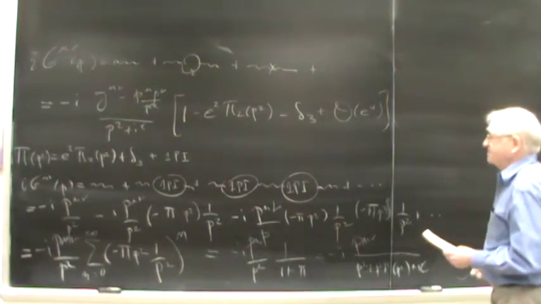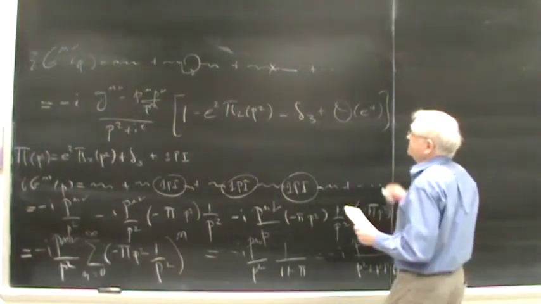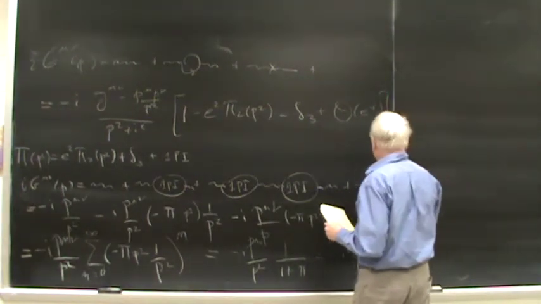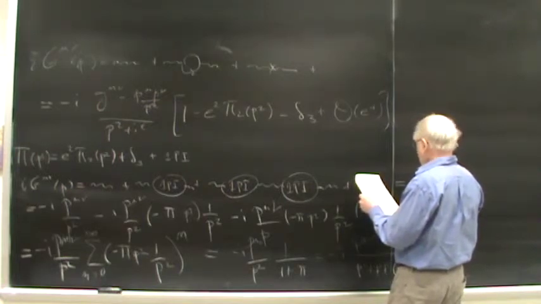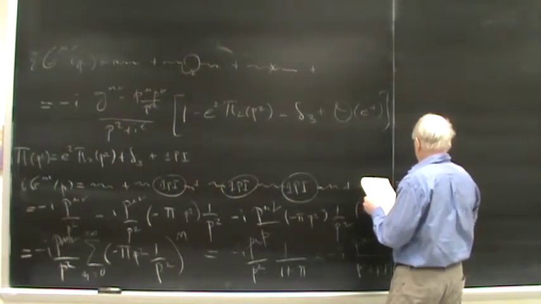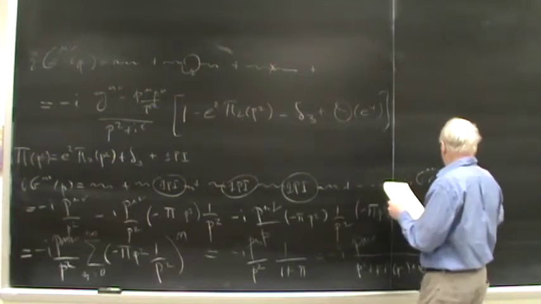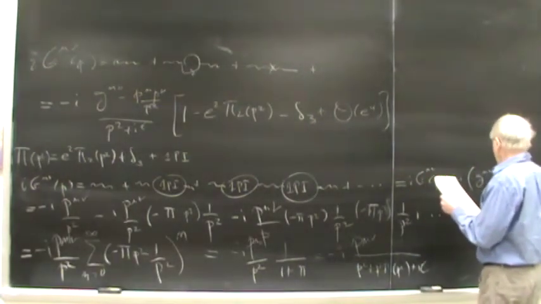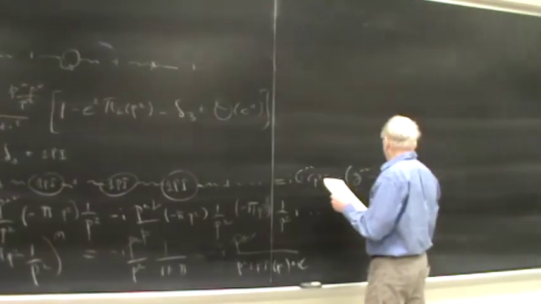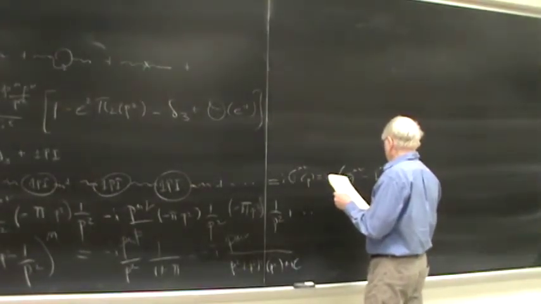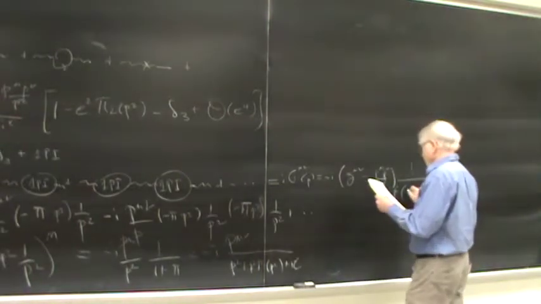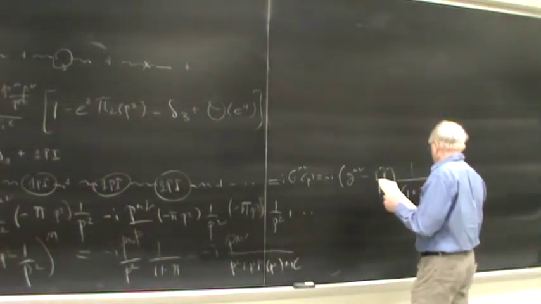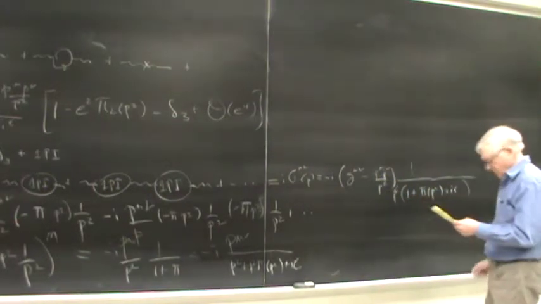So in other words, this whole nine yards, this thing, i g mu nu of p, is going to be minus i g mu nu minus p mu p nu over p squared, 1 over p squared times 1 plus pi of p squared plus i epsilon. All right, so that's our photon propagator.